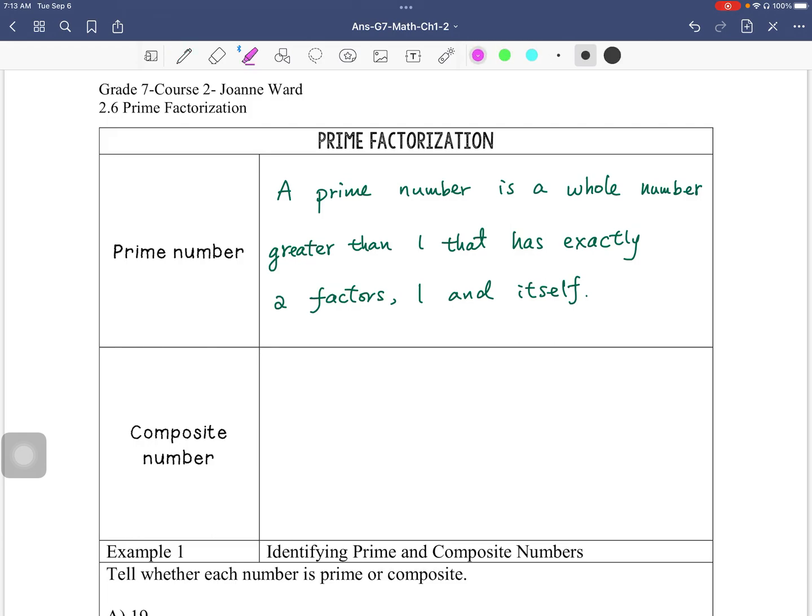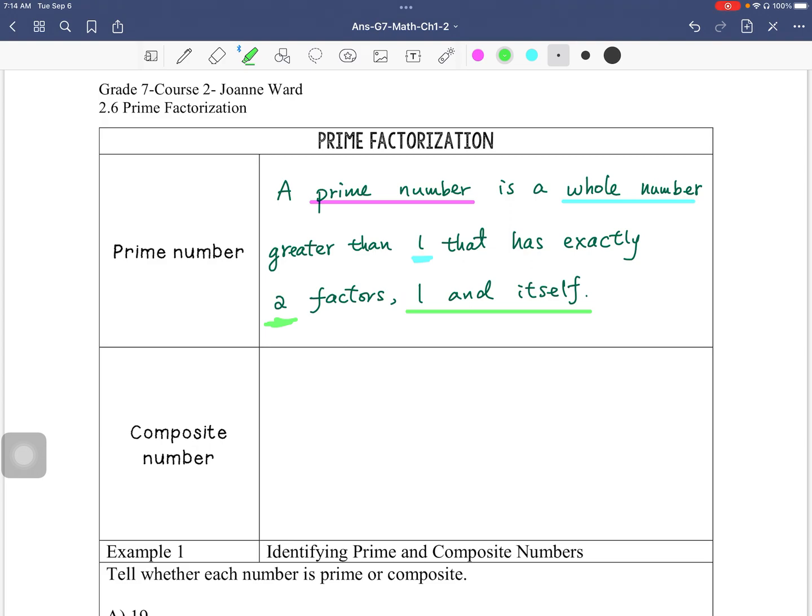So it must be a whole number which is greater than 1 and only has two factors.